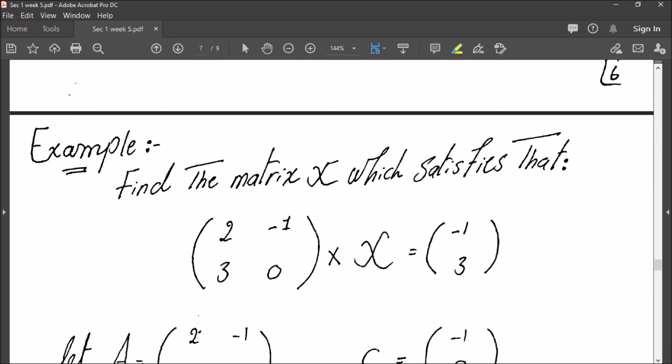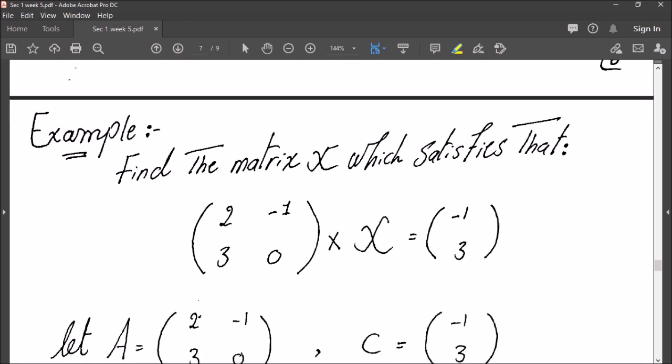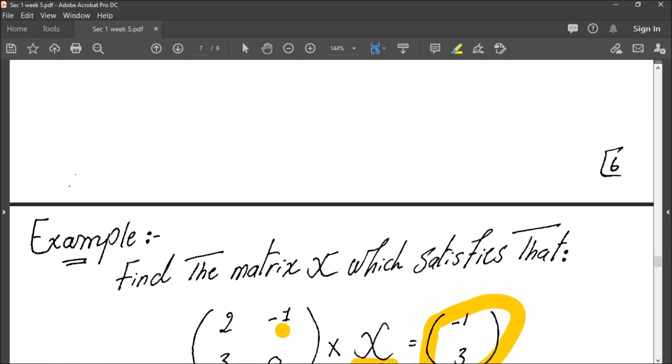Example: find the matrix X that satisfies this equation. The matrix 2, 1, 3 and 0 multiplied by X equals this result. Let me illustrate something.